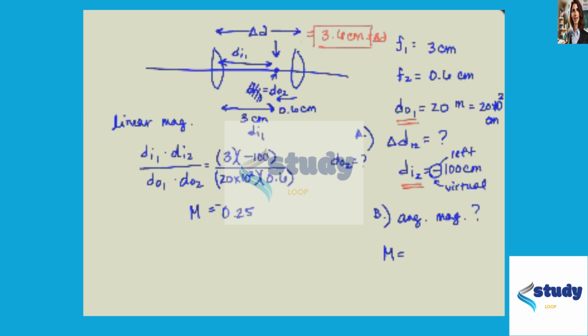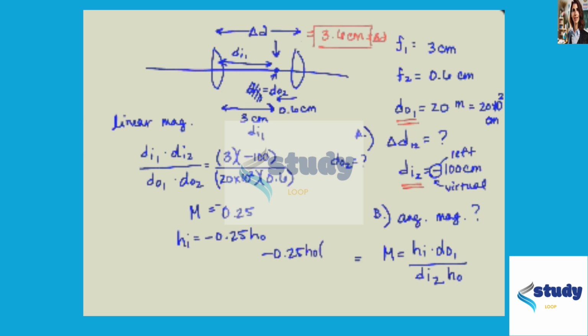So my height of my image is negative 0.25 times my height of my object. I don't know what my heights are, but I'm going to use this relationship in my angular magnification equation, which is height of the image times DO1 divided by DI2 times the height of the object. For hi, I'm just going to put negative 0.25 ho.